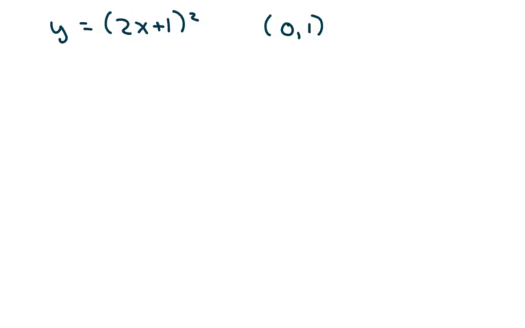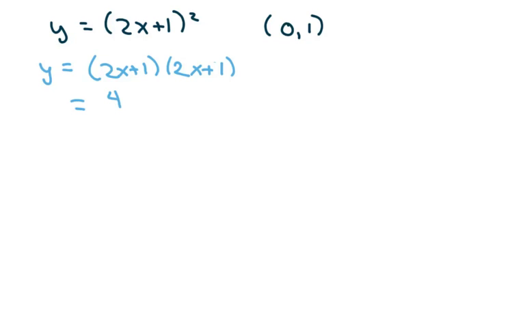The next one is this one. And the first thing I'm going to do with this is go ahead and FOIL this out, meaning you just write it down twice, or use your a plus b squared formula.